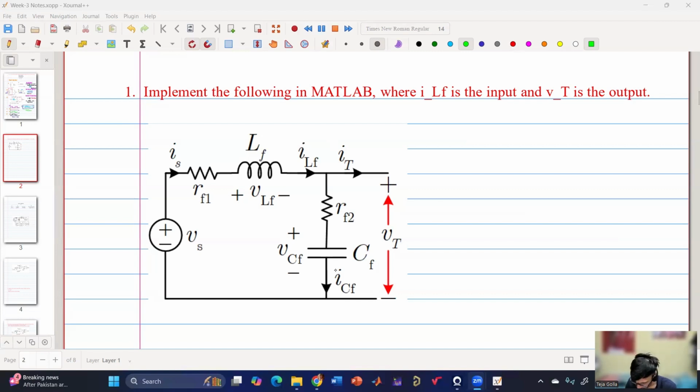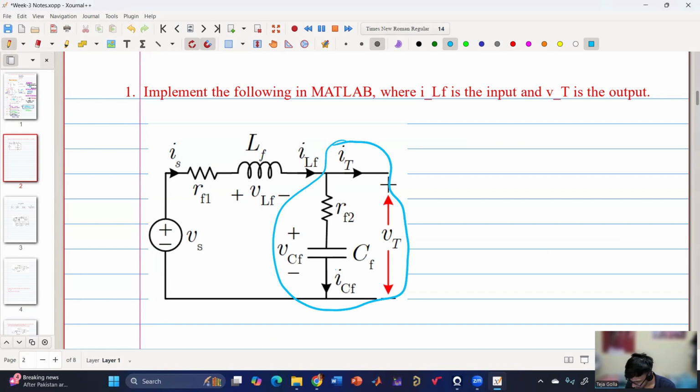So the question is asked about this branch, not the entire circuit. My input is ILF and my output is VT. So I need to write an expression in terms of ILF for the MATLAB implementation.